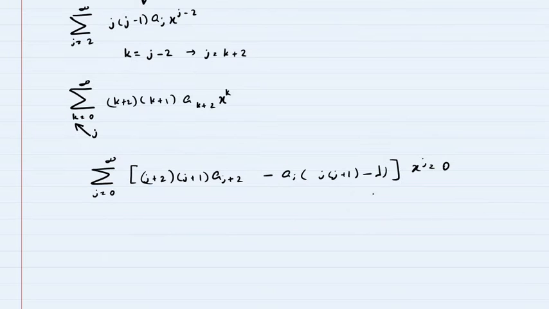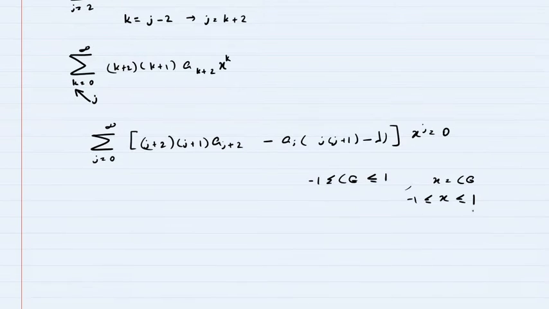Okay. Now cosine theta is always greater than or equal to minus 1 and less than or equal to plus 1. Since x is equal to cosine theta, we are trying to find solutions where x is greater than or equal to minus 1 and less than or equal to plus 1. So within this range, we have infinite number of values, and for all these values, this equation should be satisfied.